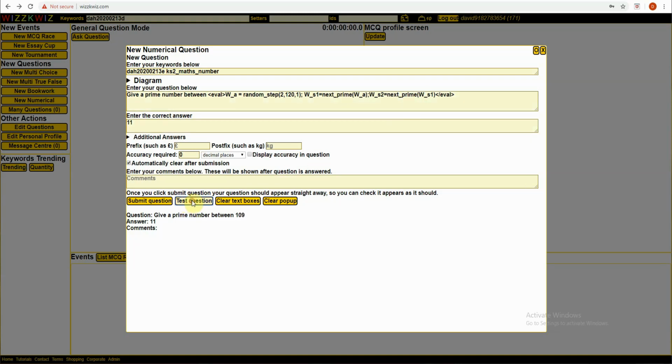So now we've got a random number, the prime number that comes after it, the prime number that comes after that, and now I'm going to calculate the prime number that comes after that.